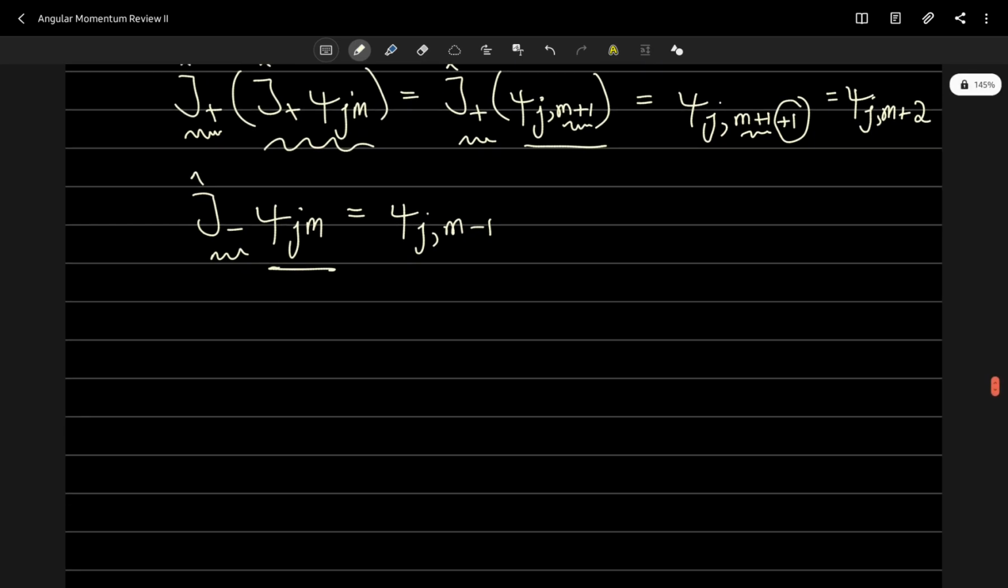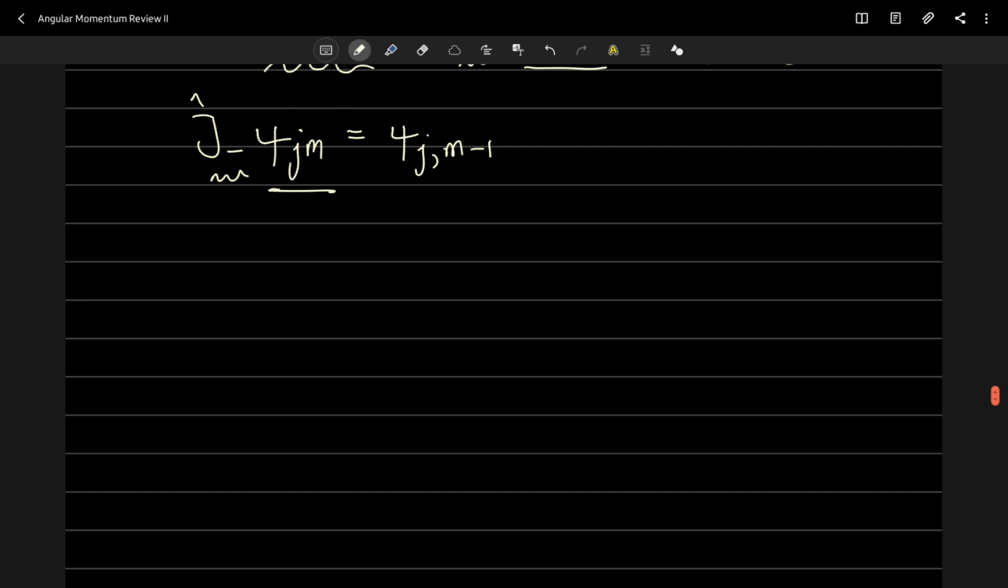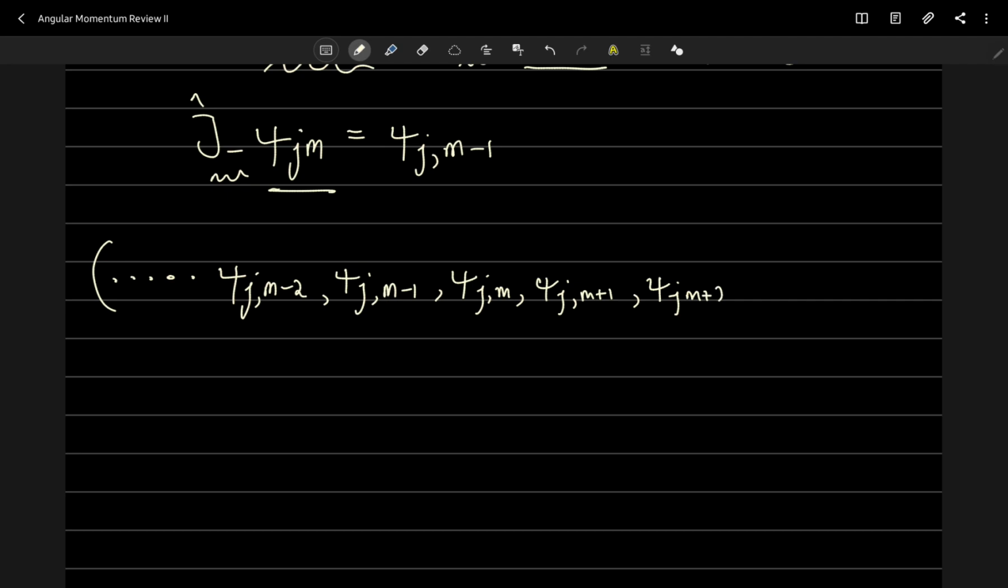So we could write this sequence as: we could have psi j m minus 2, psi j m minus 1 and psi j m, and then we could keep going with psi j m plus 1, psi j m plus 2, and so on.